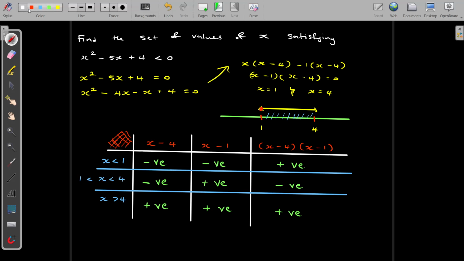And you'd say that the solution set is, so therefore, the solution x where we have 1 less than x less than 4, and that would be your answer to this question.